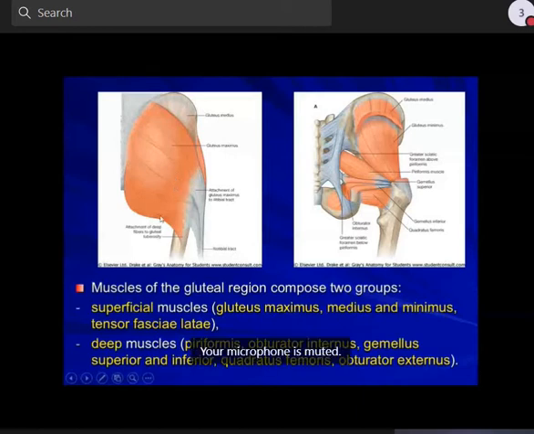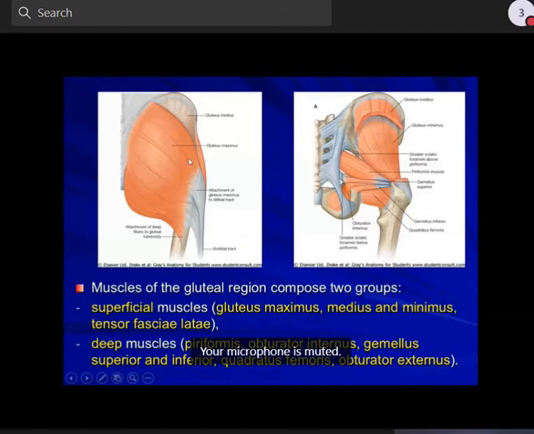So nearly the whole muscle ends in the iliotibial tract, except for the deep muscle fibers of its inferior part, and the deep inferior fibers end in the femur on the gluteal tuberosity.